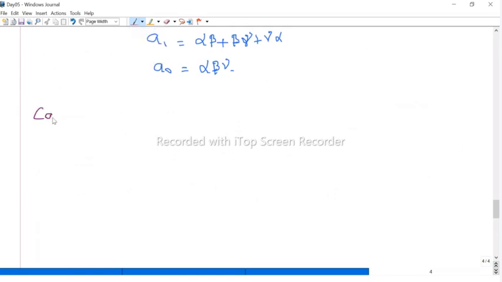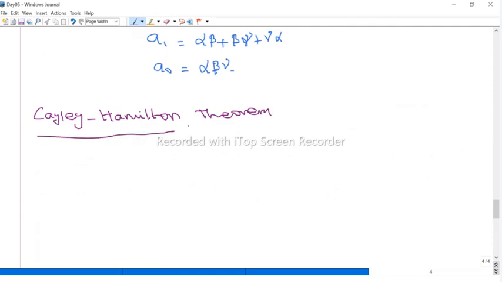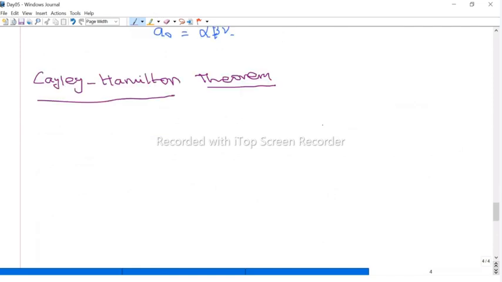Because we already know that any square matrix has a characteristic polynomial, if you replace x by that matrix, it is always satisfied.